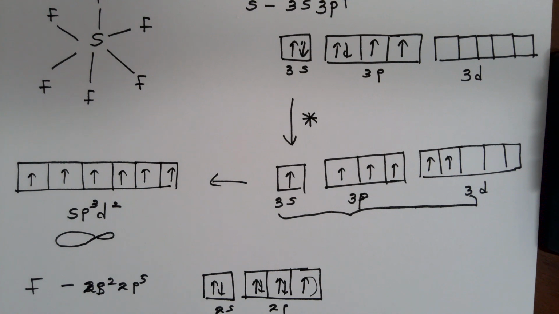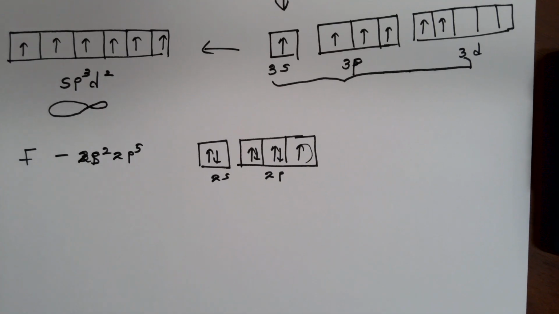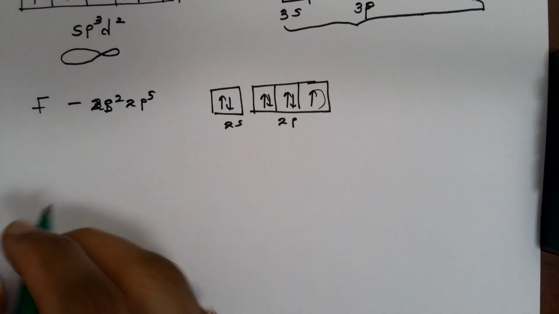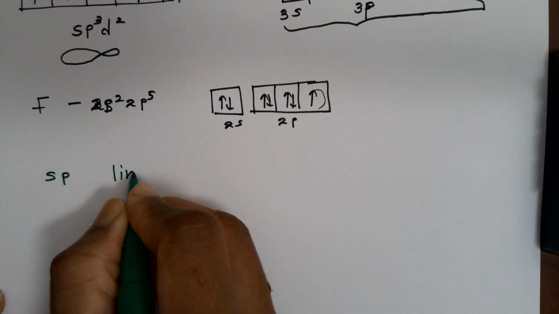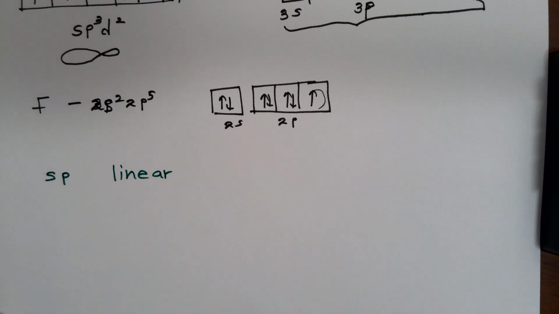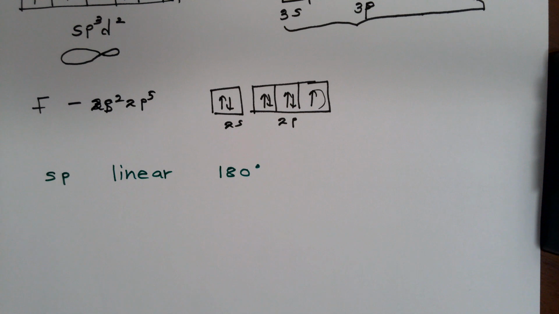So let's summarize what we learned so far in the previous video and this video. We discussed 5 types of hybridization techniques. First one, we discussed sp hybridization. Sp hybridization molecules are linear in shape. The bond angle is 180 degrees.